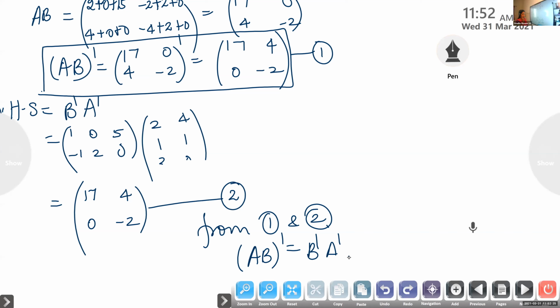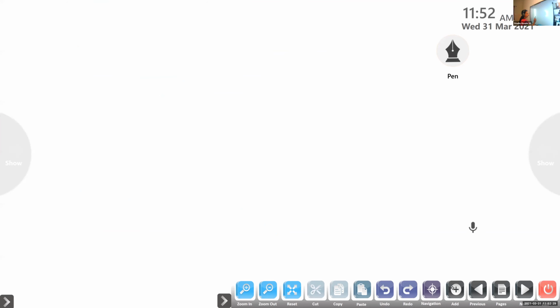Write the next one. A is equal to the matrix cos theta, sin theta, minus sin theta, cos theta.